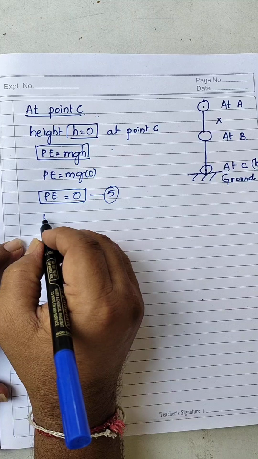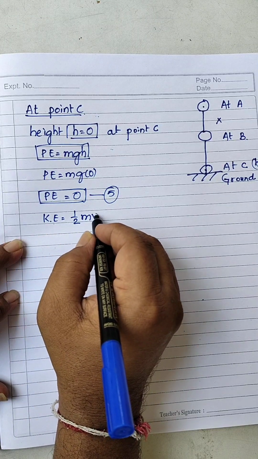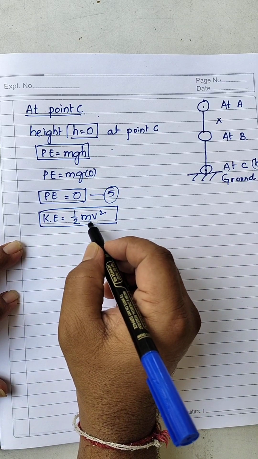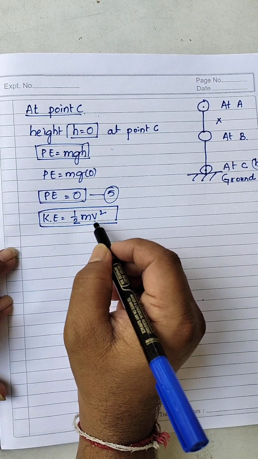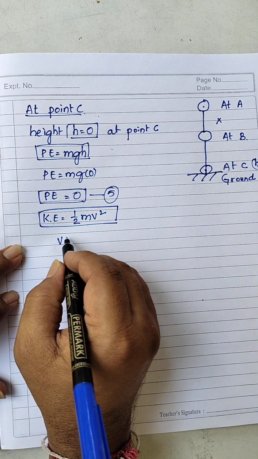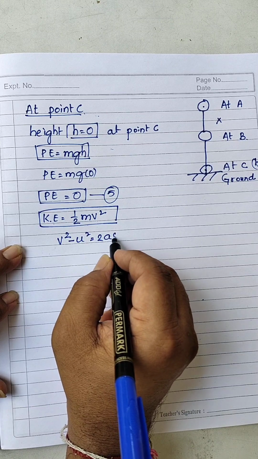Again I want to know the kinetic energy formula, you know, 1 by 2 mv square. So you know the mass of the body, the final velocity you want to know at C. So that is the reason why I use one more formula, v square minus u square is equal to 2as.